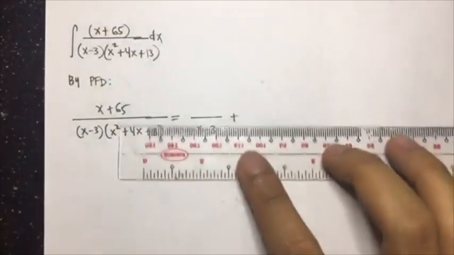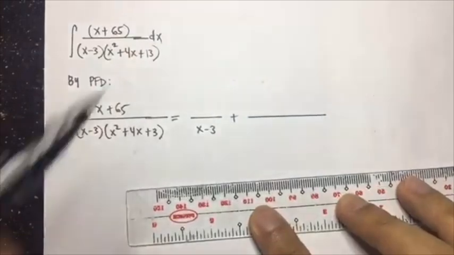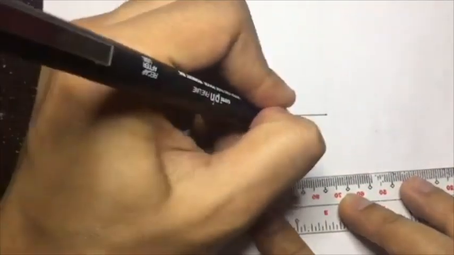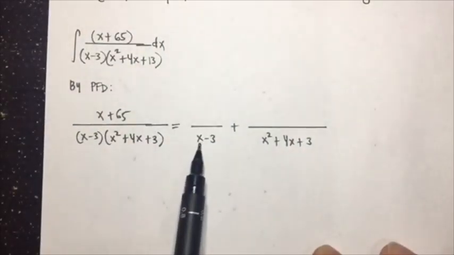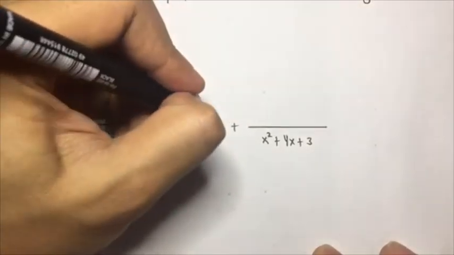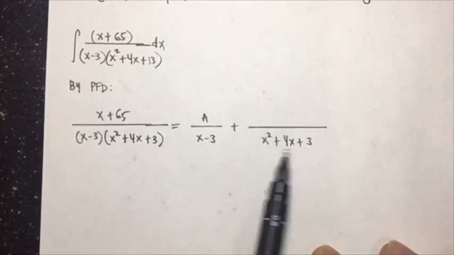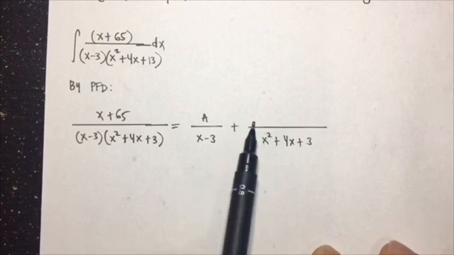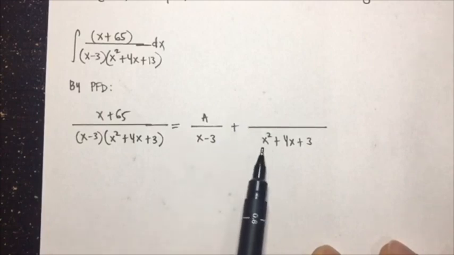The second will have a denominator of x squared plus 4x plus 13. Since x minus 3 is linear, its numerator is a constant. And since the denominator of the second is quadratic, the numerator must be linear.